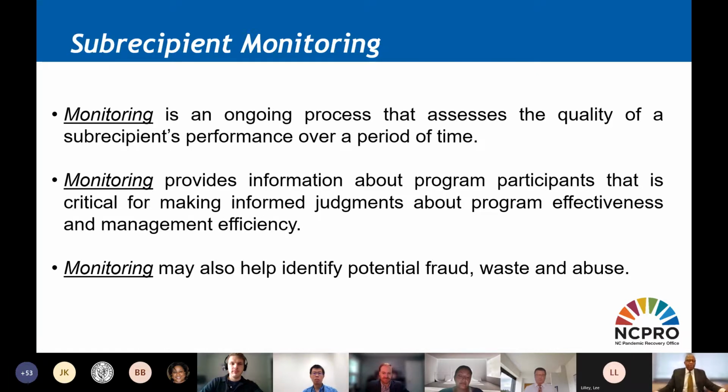It's called monitoring. However, we have responsibilities in looking to ensure that there's good performance, good quality, efficiency and effectiveness. But monitoring also may disclose situations where there's fraud, waste, abuse, and we certainly do not want any of that to occur. And if we should encounter that, we should be prepared to handle that appropriately.